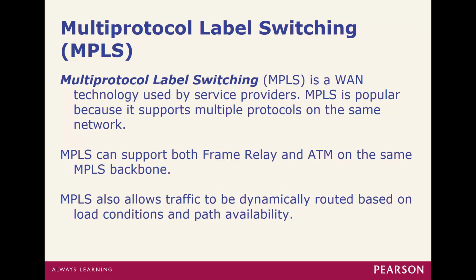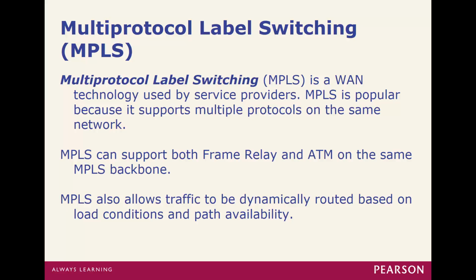One of the last ones we have to talk about is MPLS, or multiprotocol label switching. This is a new one, not the newest, but still one of the new ones. It uses multiprotocol label switching as a WAN technology, normally used by the ISPs. It's popular because it supports multiple protocols on the same network.